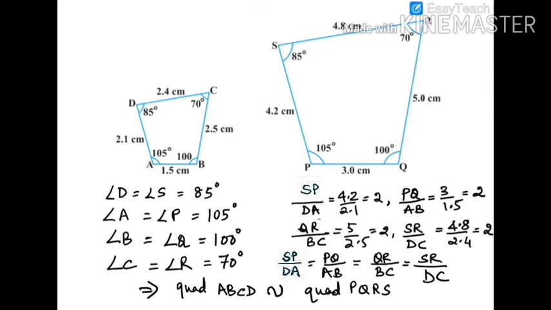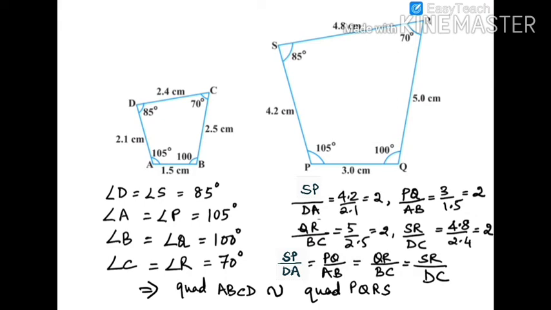Notice that the symbol for similarity is a sleeping S without an equal to sign. So these two figures are similar as all corresponding angles are equal and all corresponding sides are proportional, and we write it in this manner.